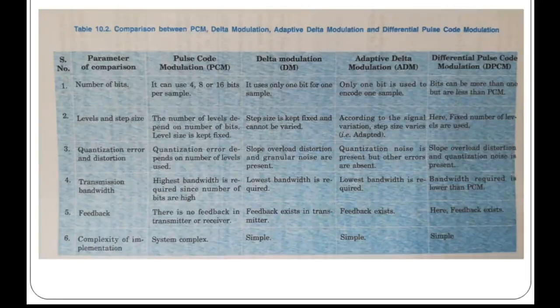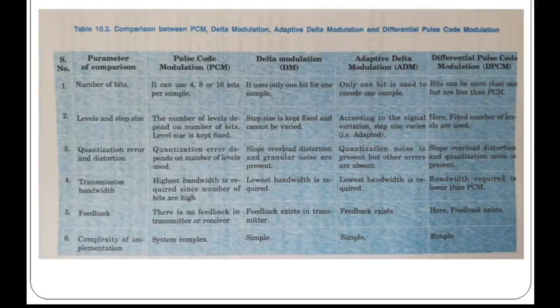Second is level and step size. In PCM, the number of levels depends on the number of bits. Level size is fixed. We have seen the step size delta is given by 2MP by L. So L is the level, that will be 2 raised to n. L is equal to 2 raised to n.